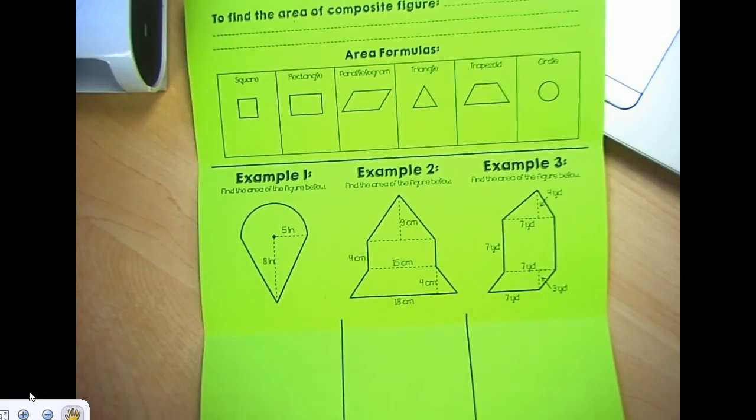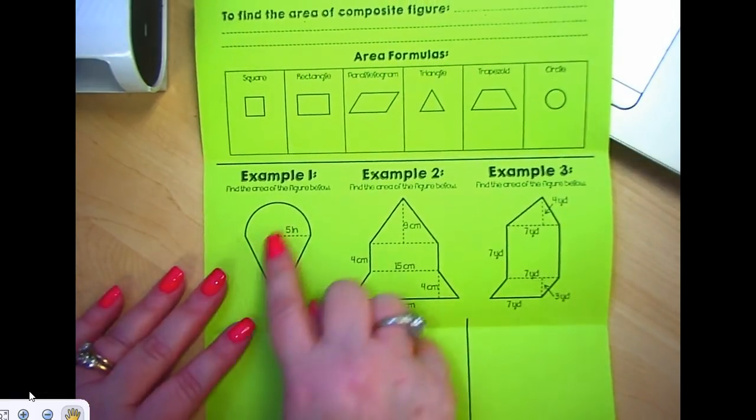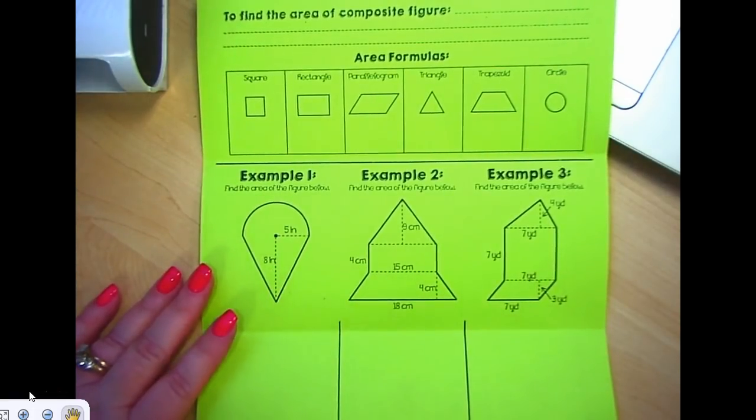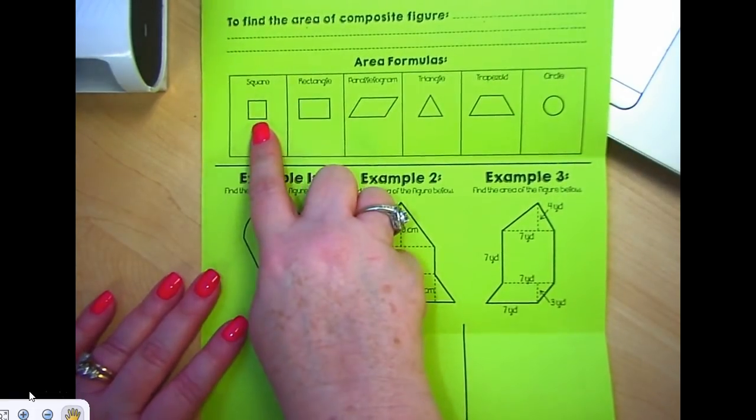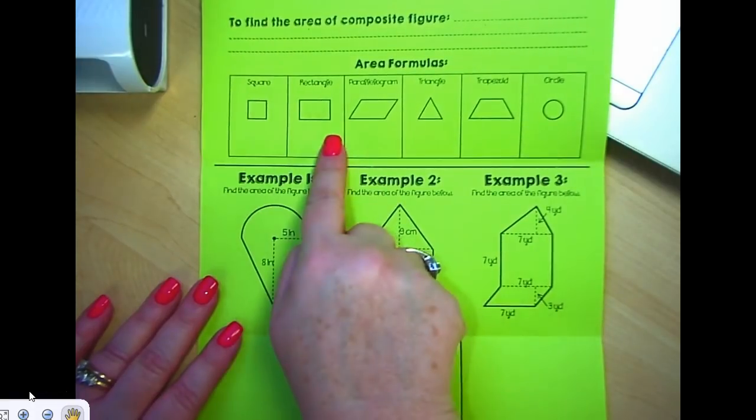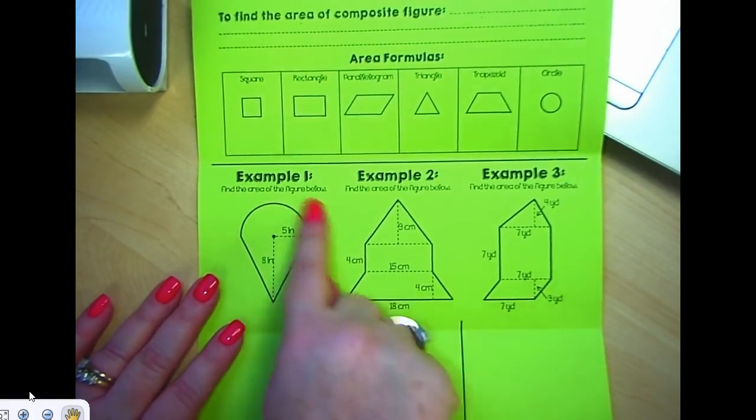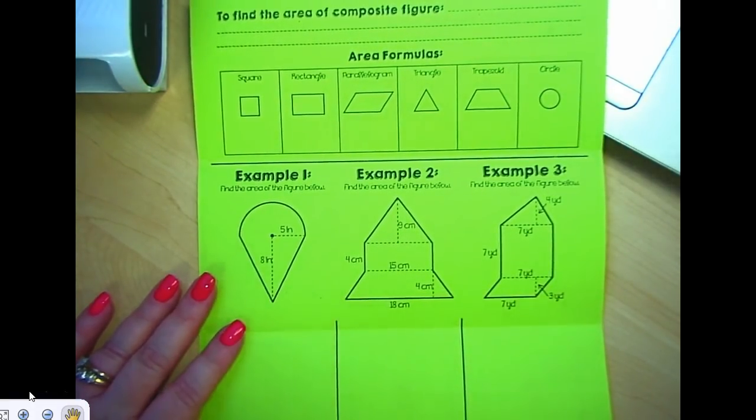What do you think a composite figure is? It's a figure that is made up of different shapes. So we can't just say, hey, let's find the area of a square or area of a rectangle. This is 2 different shapes combined, right?